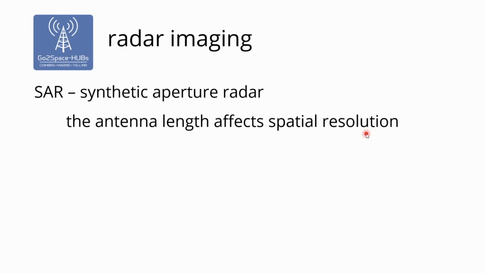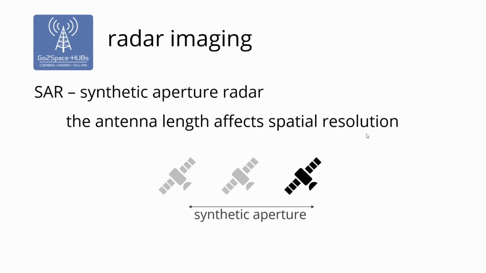The longer the antenna is, the higher the spatial resolution is. So we just synthesize this antenna by collecting and combining those signals from different positions, different locations of the antenna, actually.